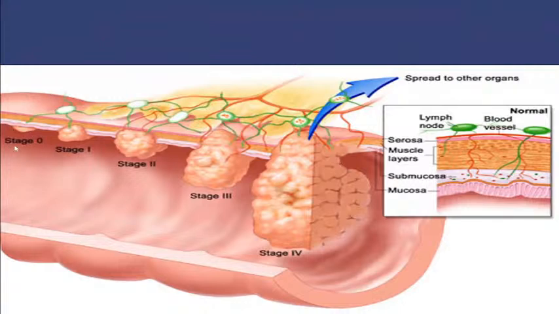If you have a patient with stage 0 or stage 1 disease where you just have a mucosal and submucosal lesion, compared to somebody who has a large tumor with metastasis, then this patient with stage 4 disease will have a poorer outcome than somebody with stage 1 or stage 0 disease.